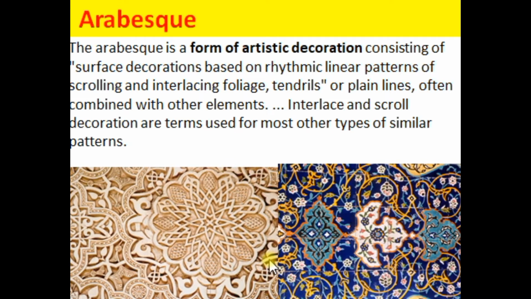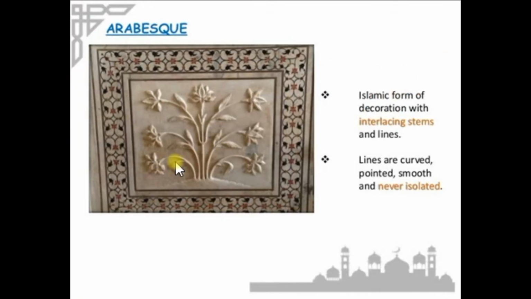The first attempt in India was executed at the main screens of Tawaq-ul-Islam. So this is arabesque, an Islamic form of decoration with interlacing stems and lines. Lines are curved, pointed, and smooth, and it has never been isolated.